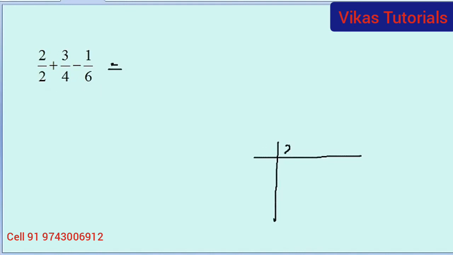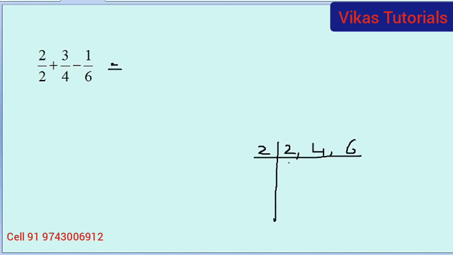First is 2, second number is 4, and third denominator is 6. Okay, which is the common number which can divide all the three numbers? It is 2. 2 is the multiple of all the three numbers. Okay, we can say all the three numbers are multiples of 2.